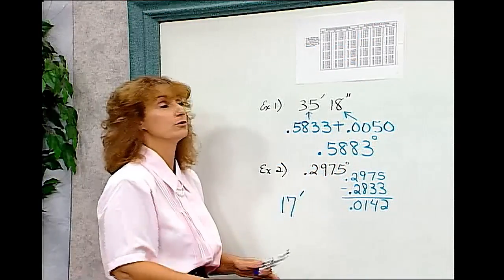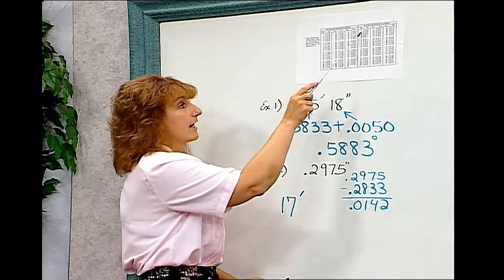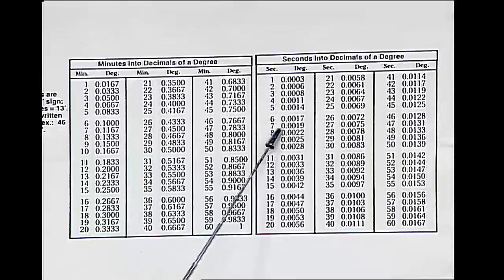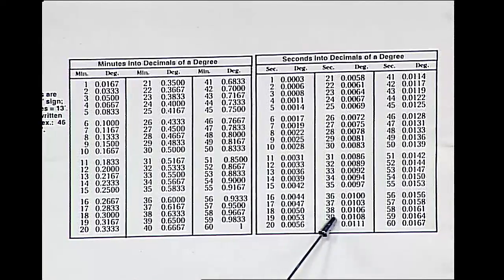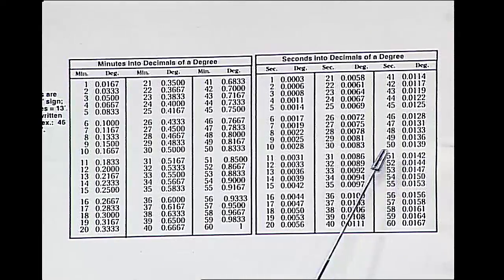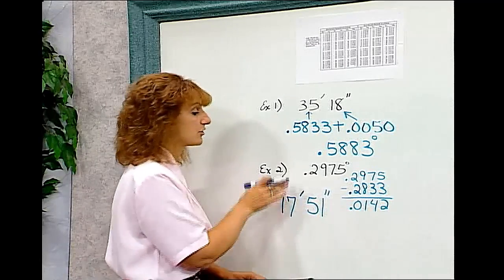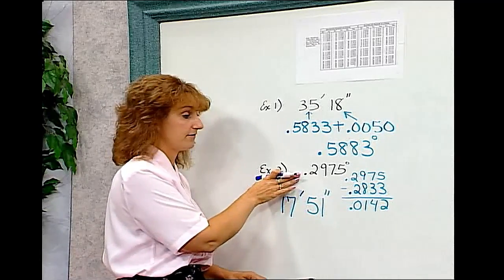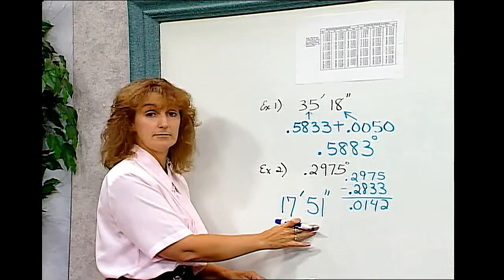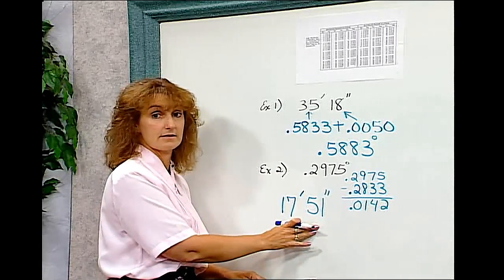I now go look at the seconds, and I look for 0.0142, the closest without going over. And I'm still looking, and I keep going, and we found it exact. So that means we have 51 seconds. So 0.2975 degrees is 17 minutes, 51 seconds.